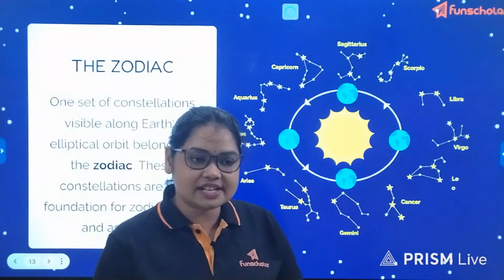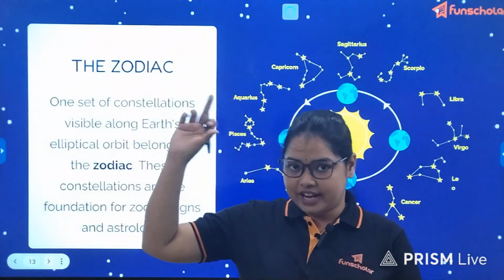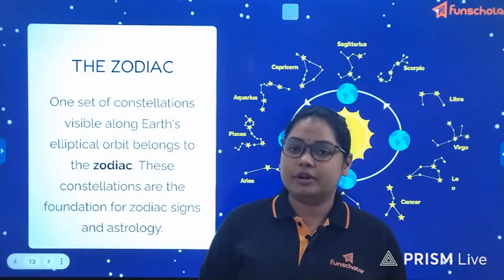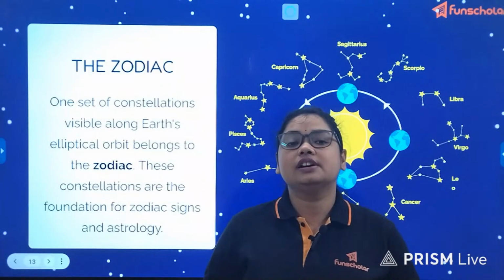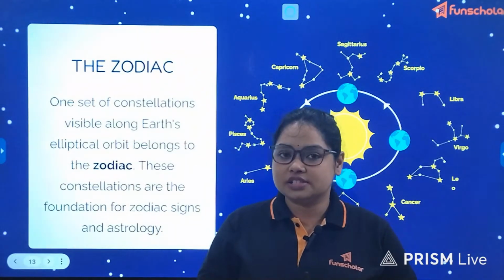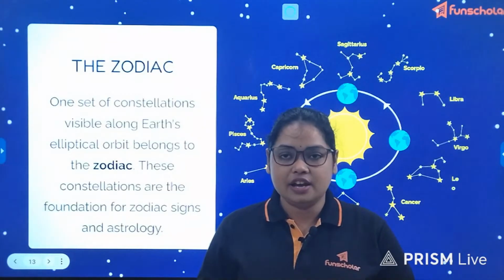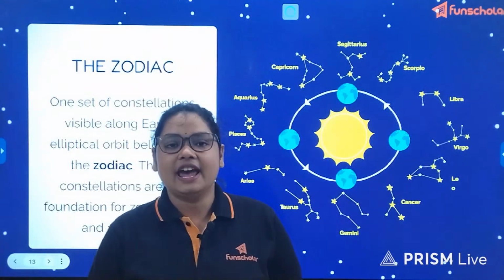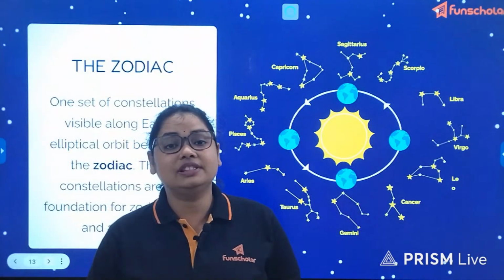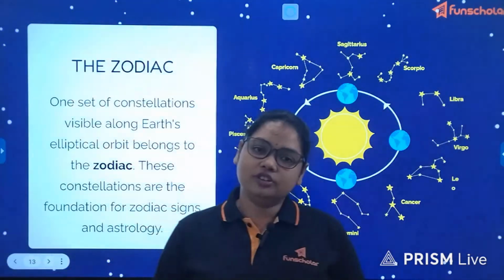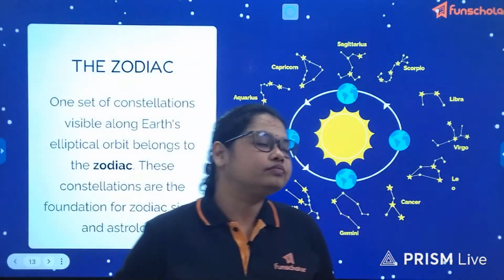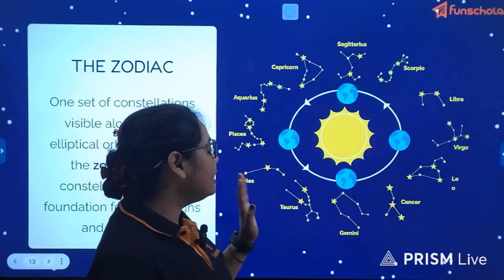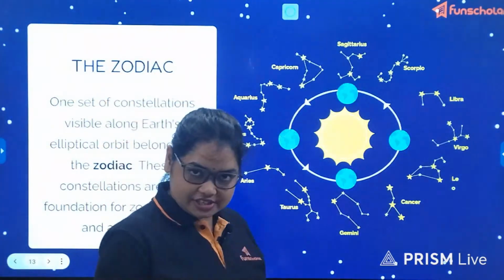Maybe you were born during daytime, and due to the sun's light that particular constellation was not visible to us, but it was still present in the night sky, and that zodiac sign will be entitled according to your personality. So here are the 12 zodiac signs, and they are nothing but the constellations only.